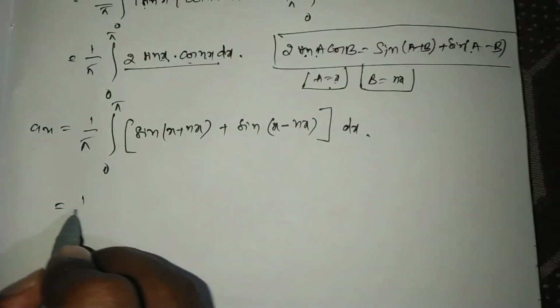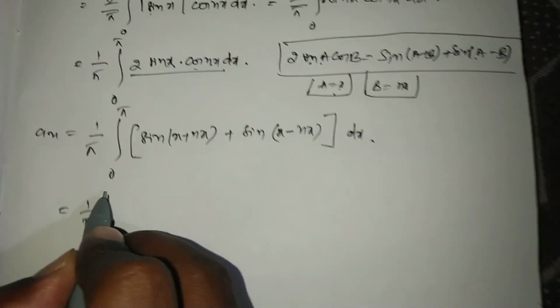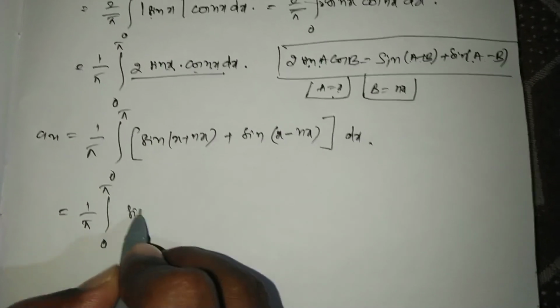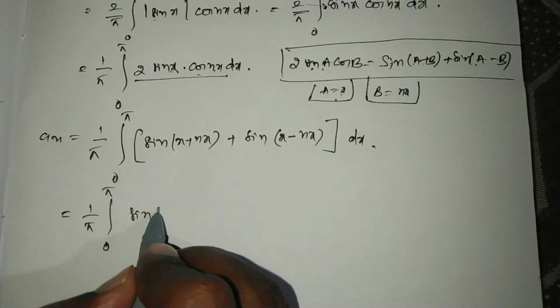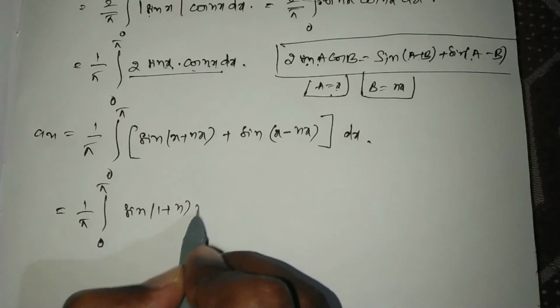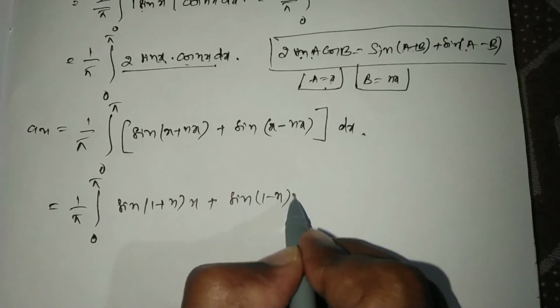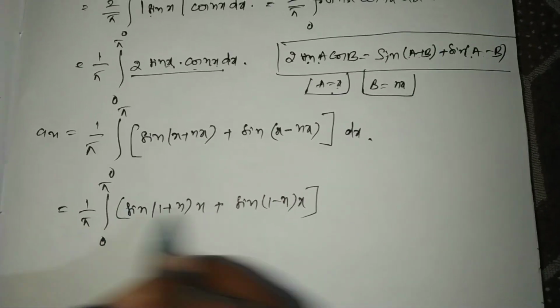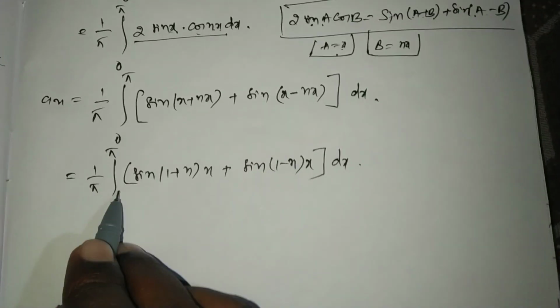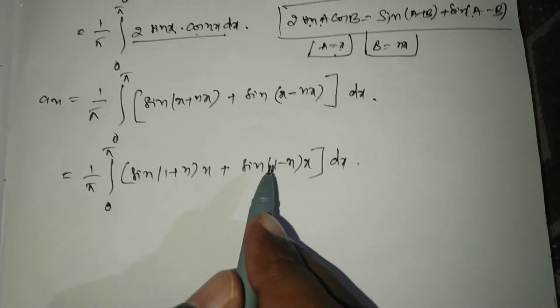That is equal to 1 by pi times the integral from 0 to pi of sine, taking x common here, (1 plus n) into x plus sine of (1 minus n) into x, whole into dx. Here, split the integral into the first one and the second one.